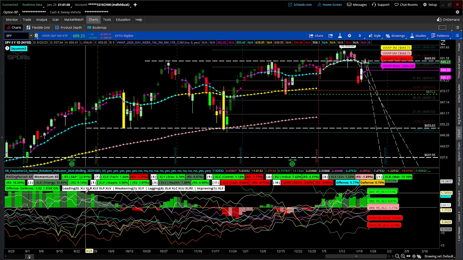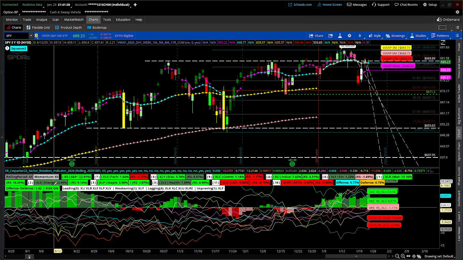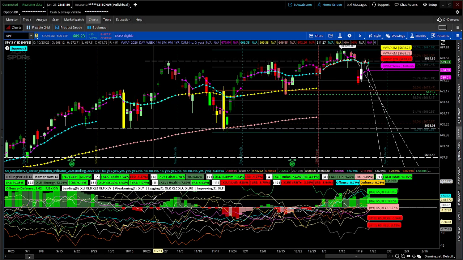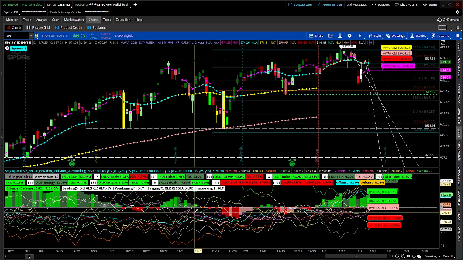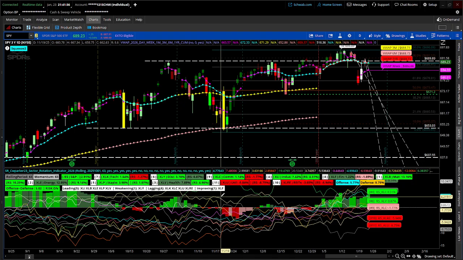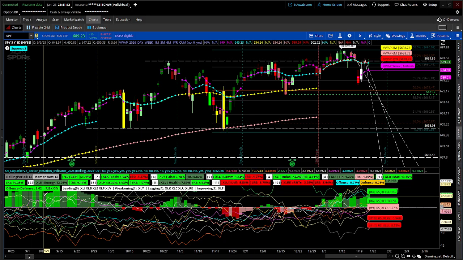What's leading is the same thing that's been leading: materials, energy, and healthcare. We can see everything that's lagging right here, and we can see financials are improving within our model now, and we're still showing risk on.